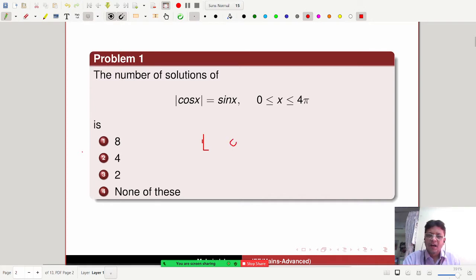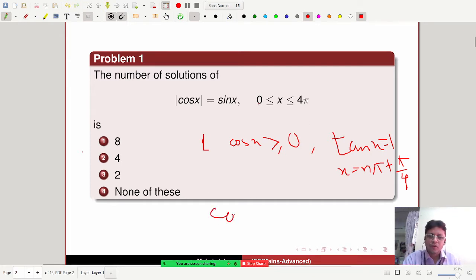you can take case 1: cos x greater than or equal to 0. If cos x is greater than or equal to 0, then cos x equals sin x, or tan x equals 1, or x equals, the general solutions are n pi plus pi by 4. From here you can get the values of x satisfying this interval.